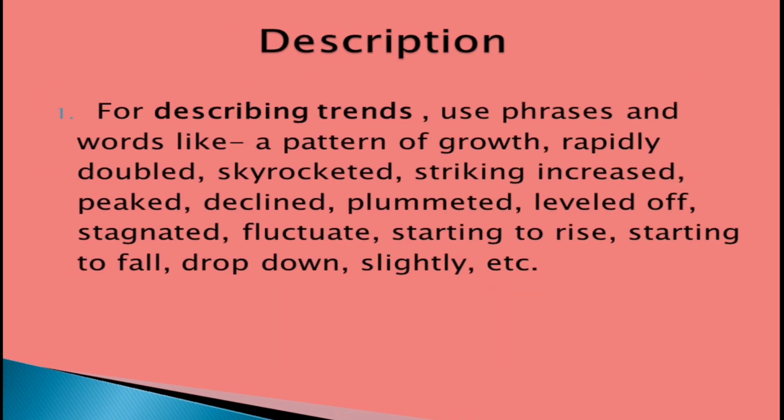Now the description. As I said, in a description box, you have to write everything very properly. So here you can see phrases for describing trends. If you want to describe the trend, then you can use these phrases or words like a pattern of growth, rapidly developed.